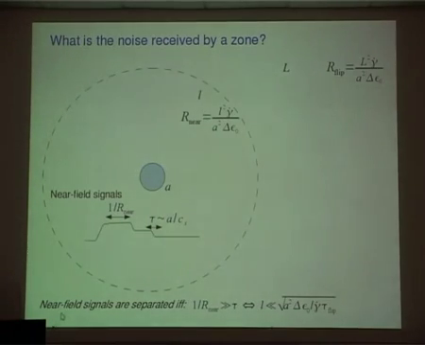There is one natural length which emerges from that: if you take a circle of a given size L, the number of signals emitted from this region will just grow like L squared times gamma dot. And so there's a natural length such that these objects are separated in time.